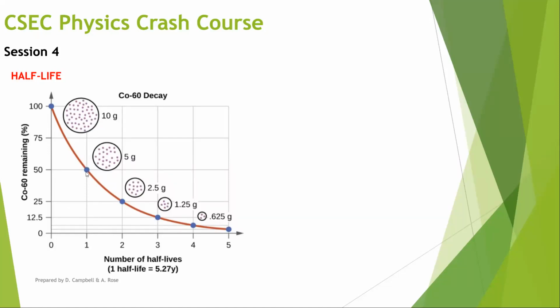And then from 50 to 25, it's another 1 in terms of the scale here. So once we check the time that it takes for the number to decrease to half of the original value, then we will have a value for the half-life.